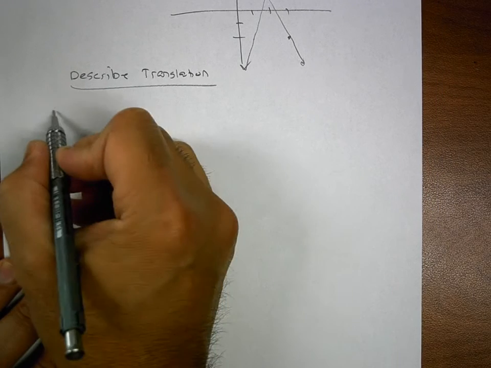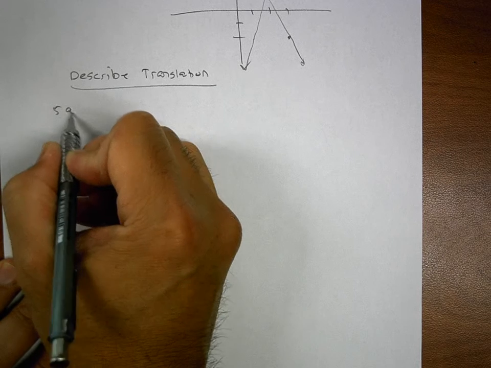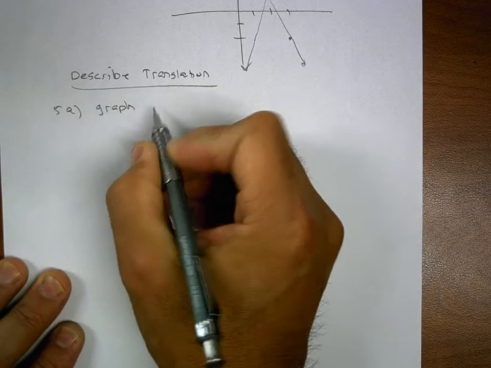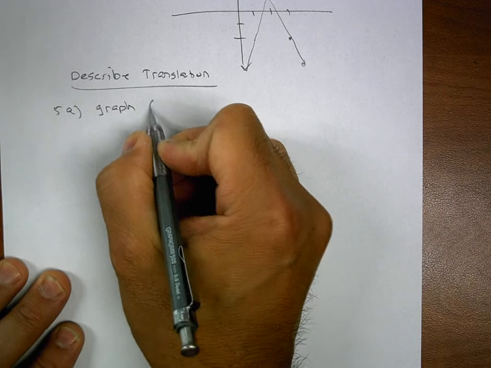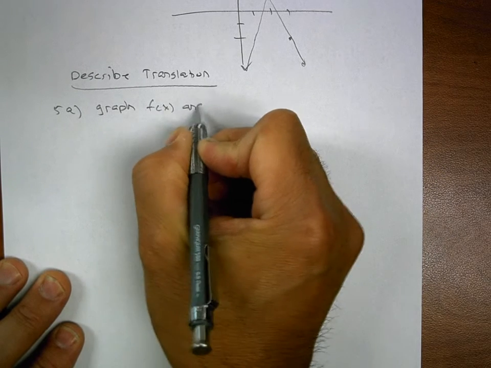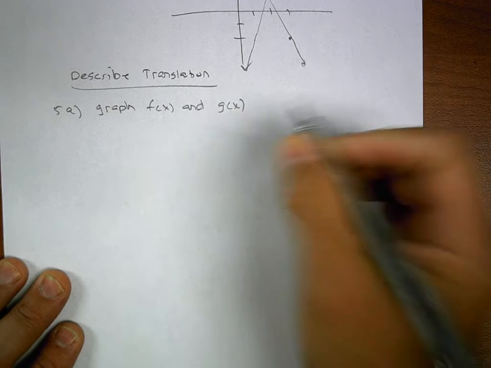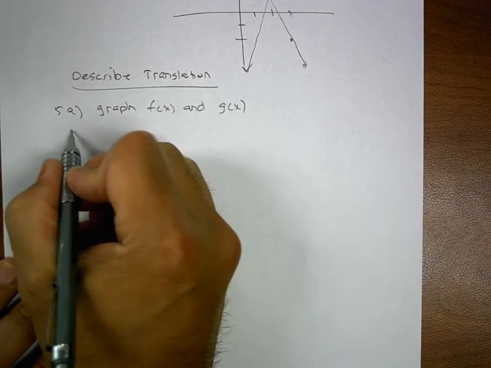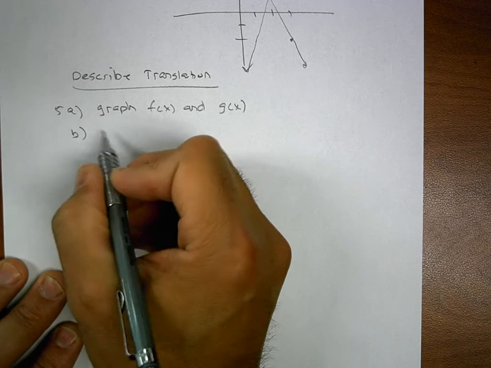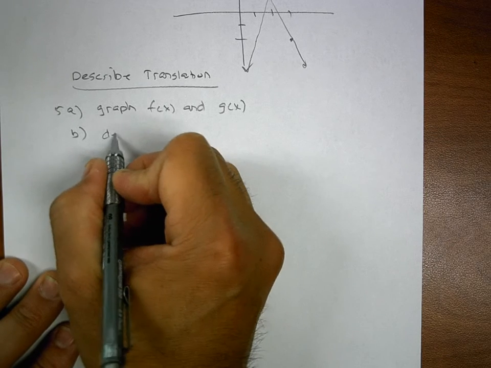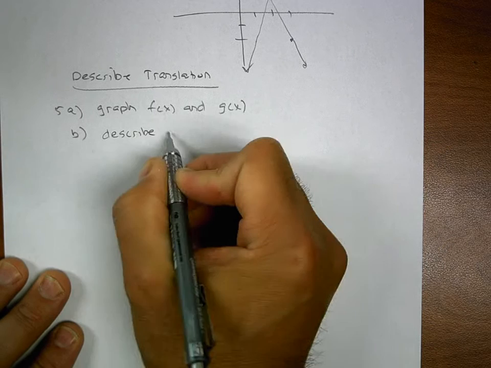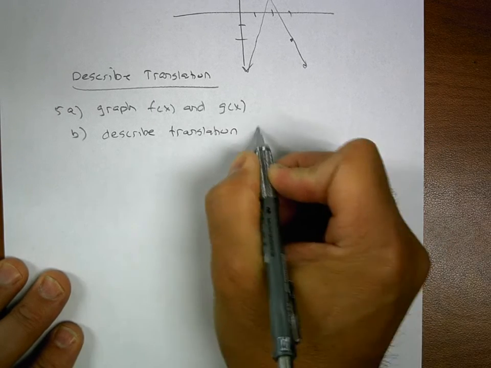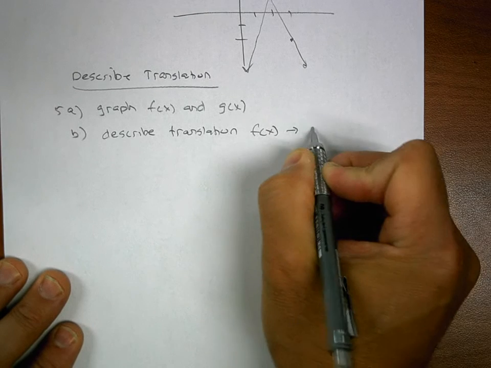So 5A, they want you to graph f of x and g of x on the same grid. And then B, describe the translation from f of x to g of x.